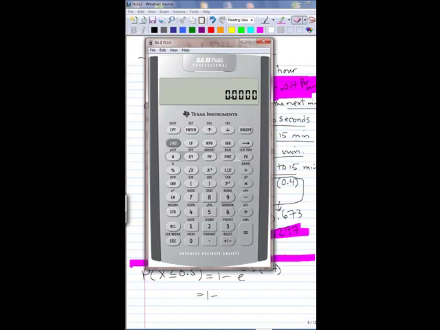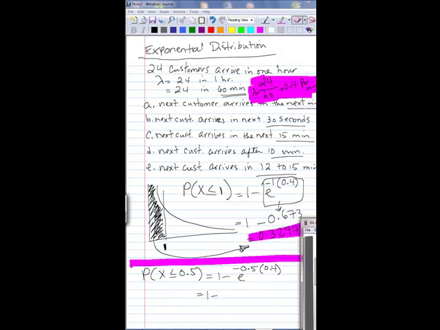So clear out, 0.5 negative times 0.4 equals, second function natural log, and we get 0.8187. So 1 minus 0.8187 is 0.1813.